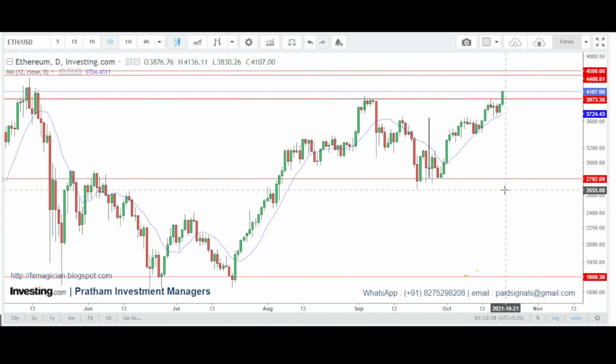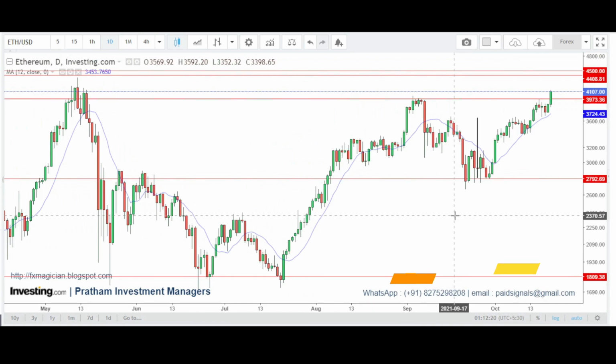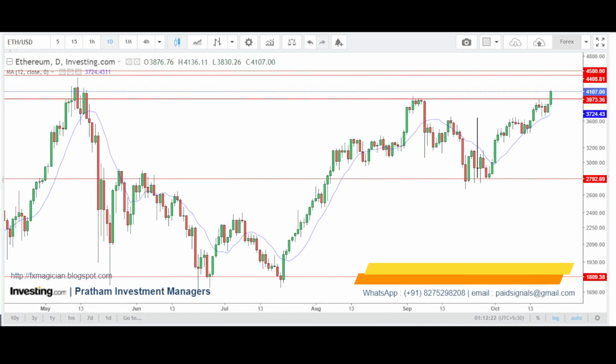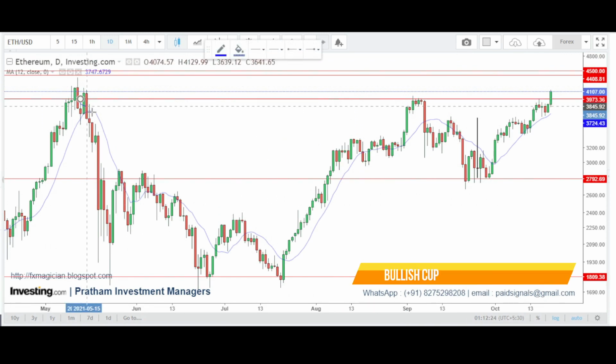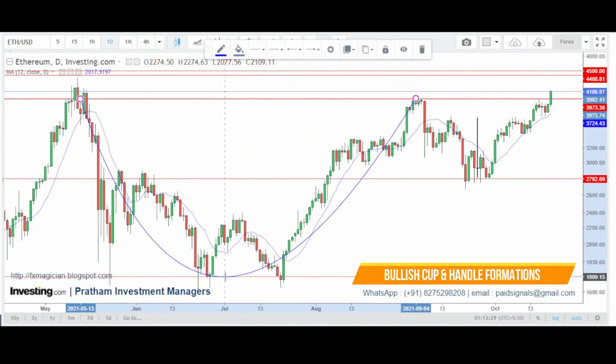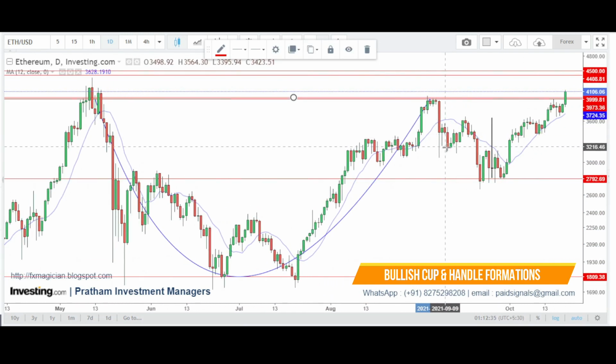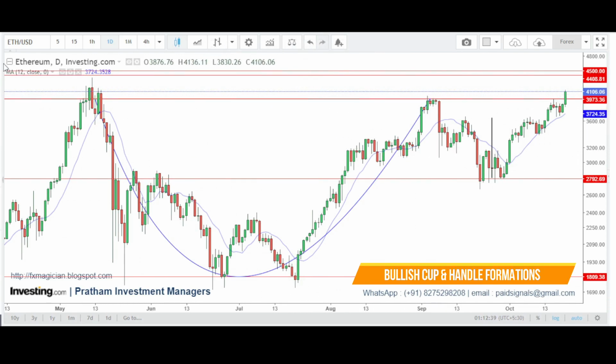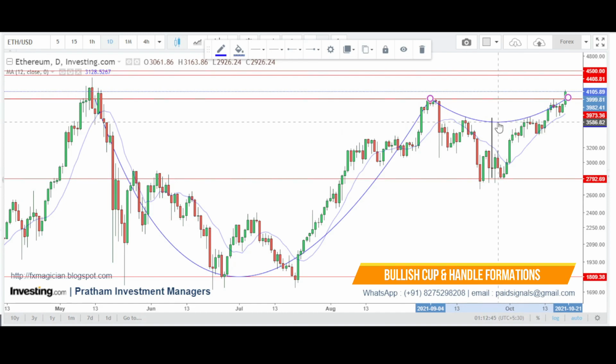Now, looking at this formation, this is a cup and handle formation. The cup starts from here, and the depth of the cup is around the 1800 area. This is a bigger cup and handle on this area.